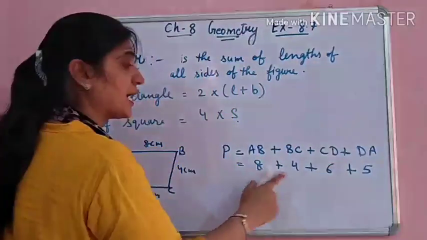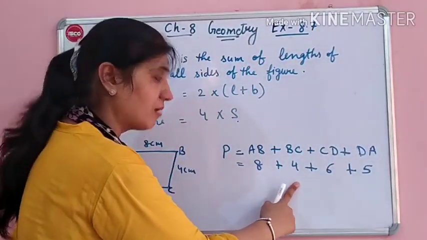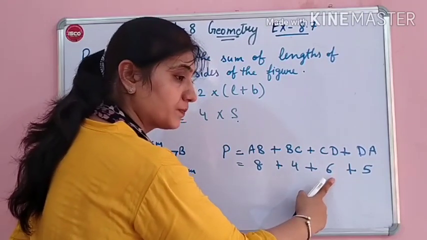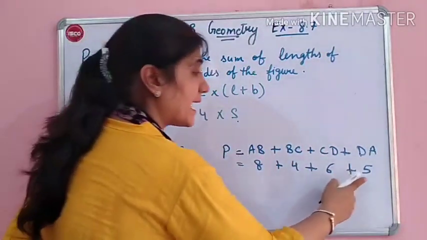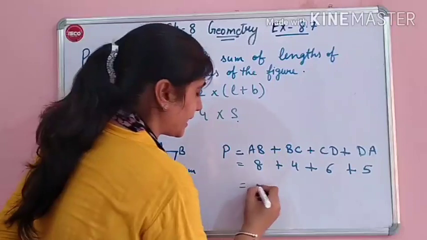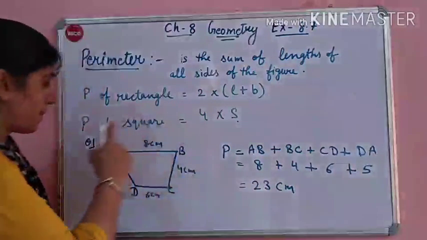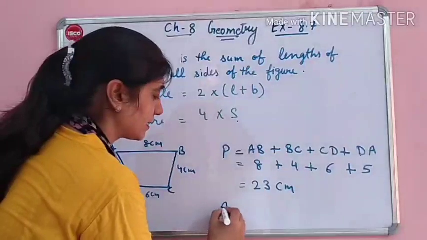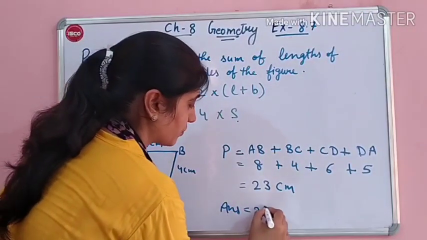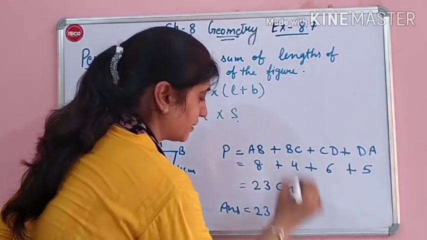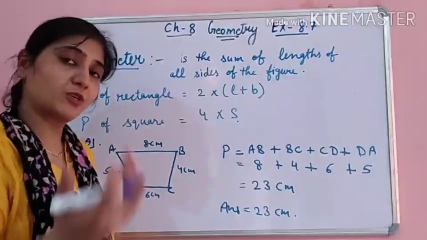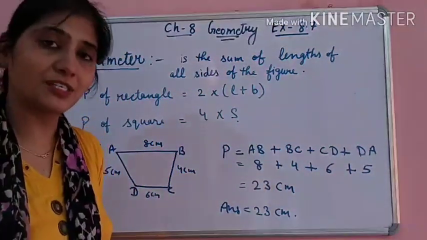Now add them. 8 and 4, 12. 12 and 6, 18. 18 and 5, 23 centimeter. So the perimeter of this figure is 23 centimeter. And the rest of the two parts you have to do yourself.